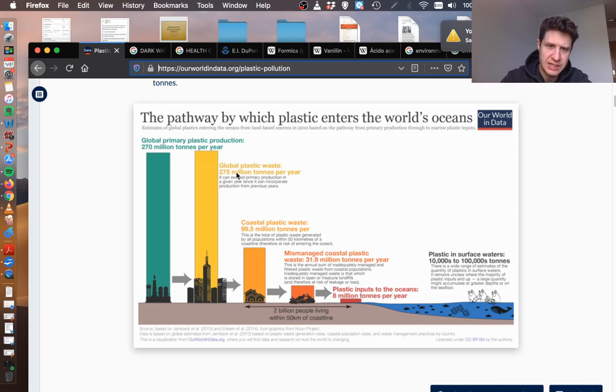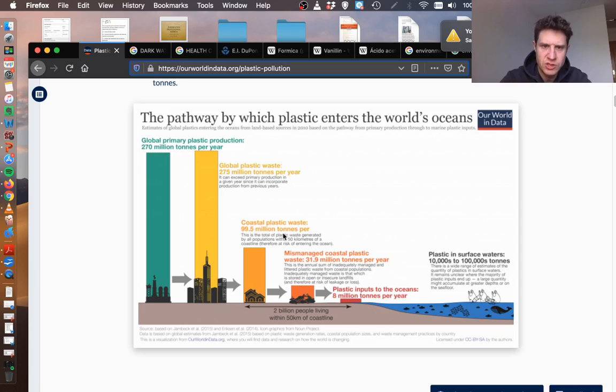El plástico que se genera cada año es 270 millones más otros 5 de productos que se han acumulado del año anterior, 5 millones más. And then what goes, this global plastic waste, 270 million tons per year. It can exceed primary production in a given year, since it can incorporate production from previous years.